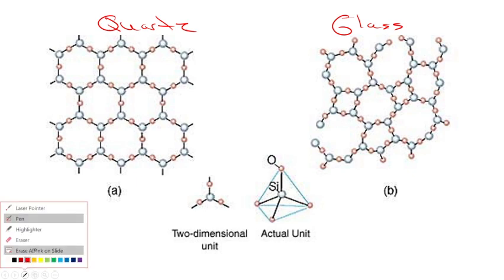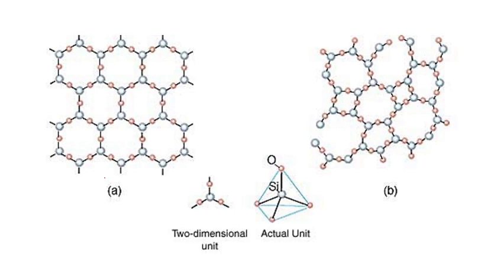And so as you can see, the quartz over here on the left has an orderly repeating pattern. All of the bonds are the same length. They're all making this nice hexagonal shape.